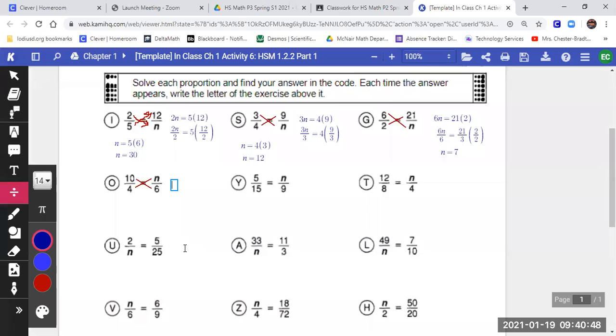So what am I going to type next? Okay, look at all the other ones I've done.